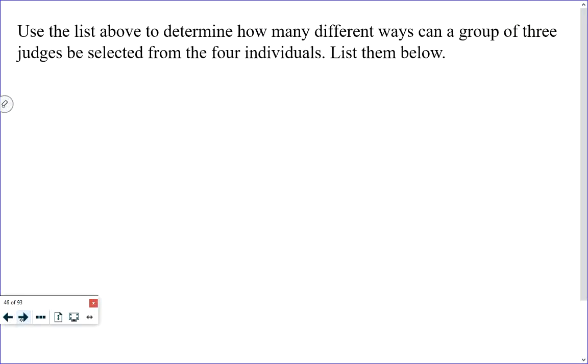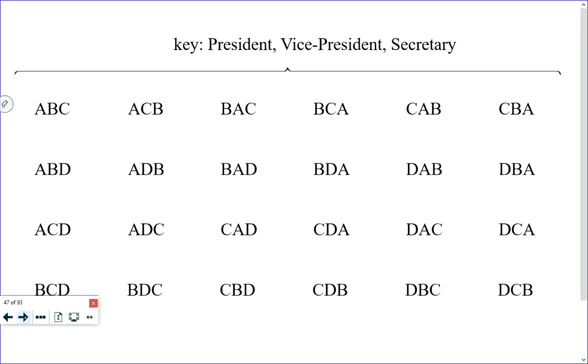Now, we're going to use this list to determine how many ways there are to select 3 judges. If we take a look at that list, I put this list together in a certain way. Every item in the top row, I don't know if you noticed this, Danny is not in. And that means that all 6 of these are really the same group of 3 people.